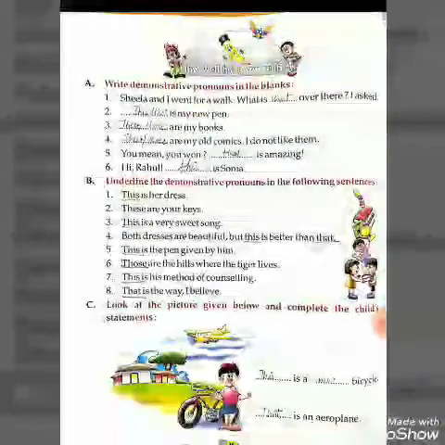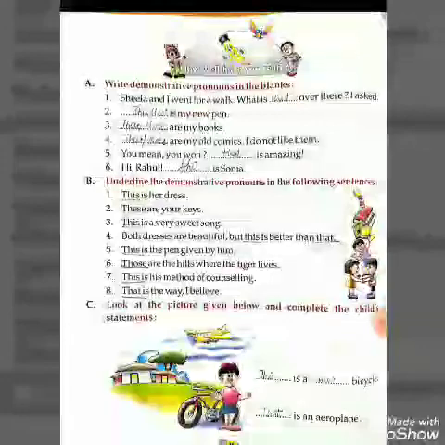Look at the picture given below and complete the statement. Now look at the pictures on page number 36. Dash is dash bicycle. Then what you will write here? This is a new bicycle.